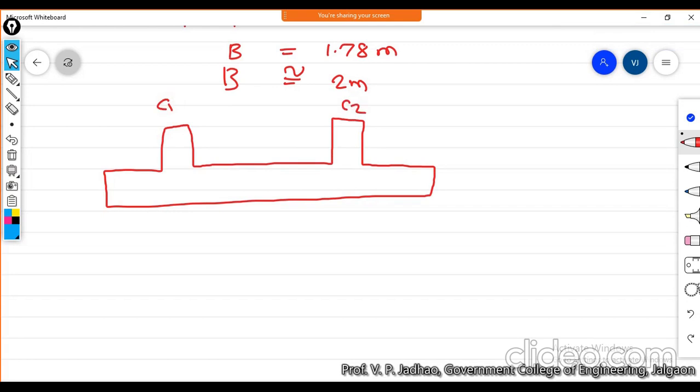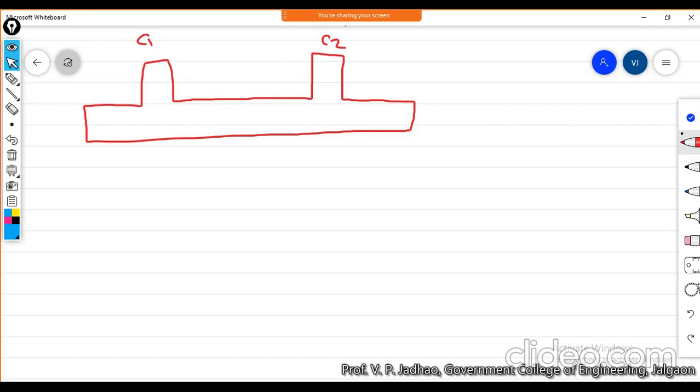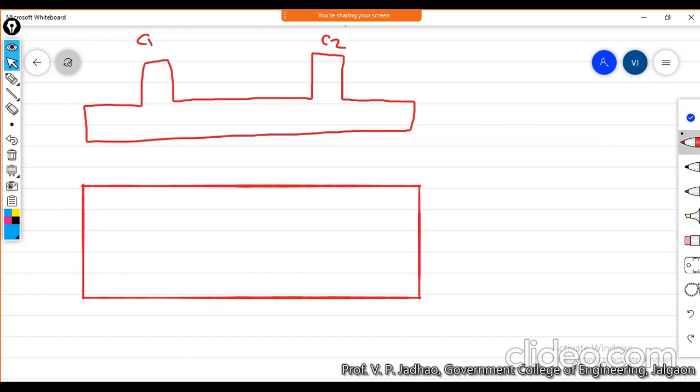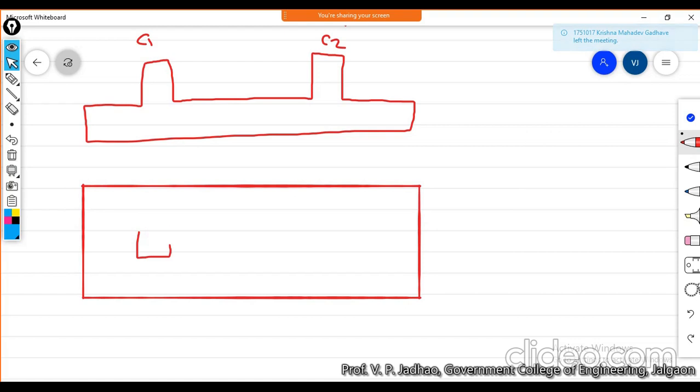If we see it in plan, we have column C1 here, column C2 somewhere here.